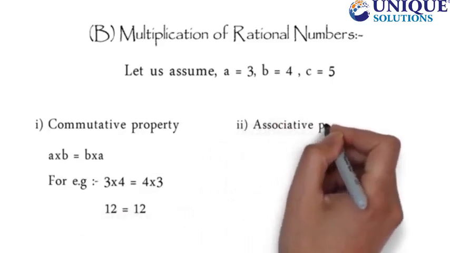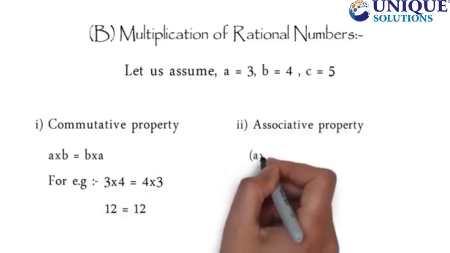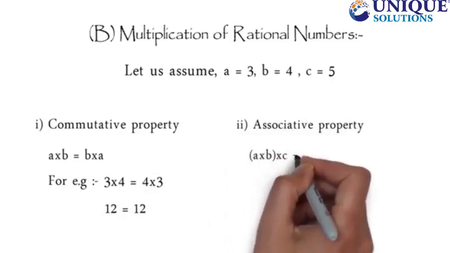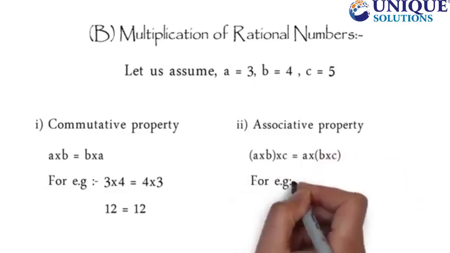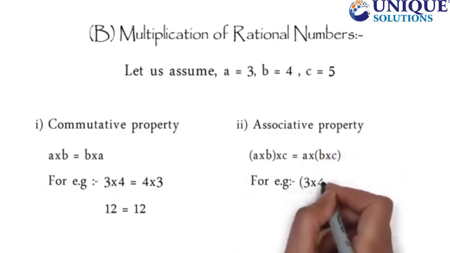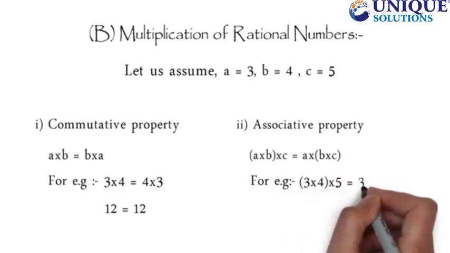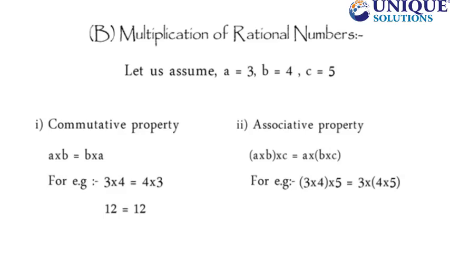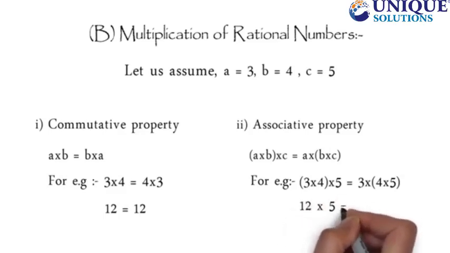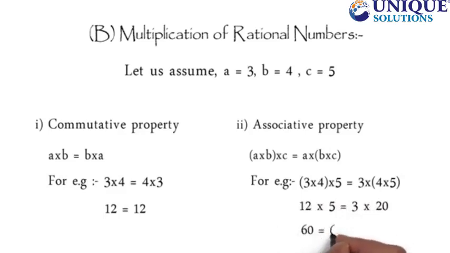Second, associative property. (a into b) into c is equal to a into (b into c). So, (3 into 4) into 5 is equal to 3 into (4 into 5), which is 12 into 5 is equal to 3 into 20. Therefore, 60 is equal to 60.